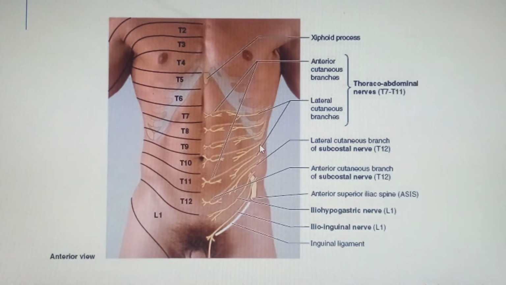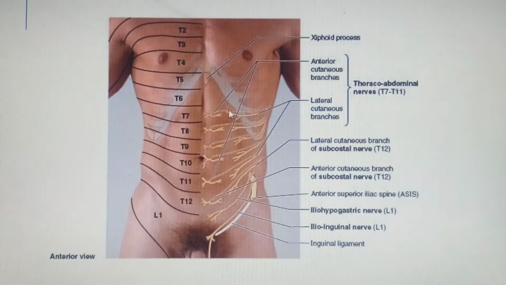Okay, so let's see. Now, these ones from T7 to T11 will be the distal continuation of the 7th to 11th intercostal nerves, because as they go through the ribs, they will be called intercostal nerves. But as they come this way, then we are referring to them as the thoracoabdominal nerves. So they are just continuing from where you have the intercostal nerves.